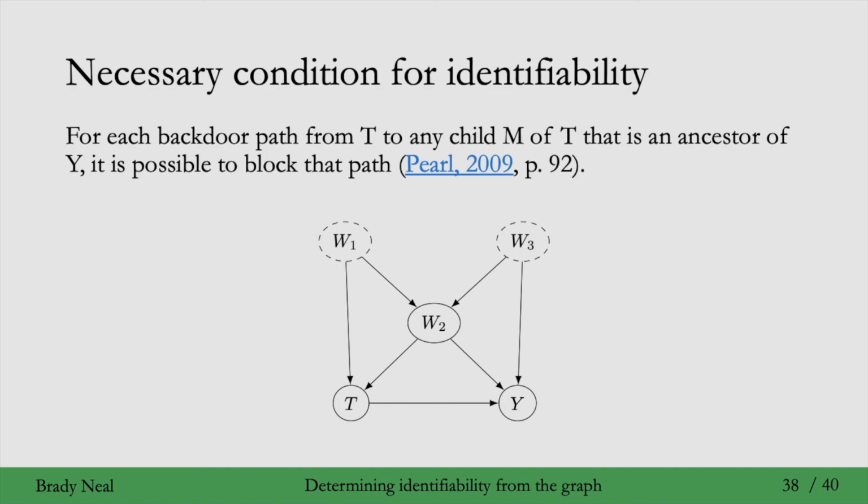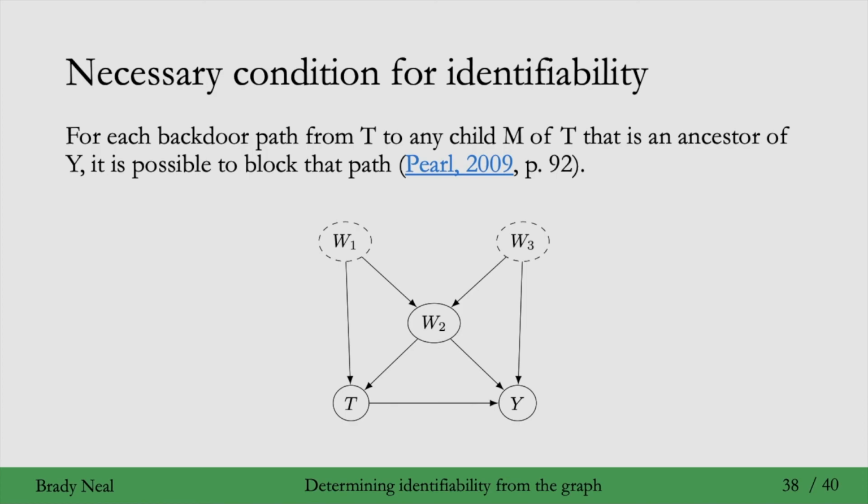So there are two backdoor paths, and we can block both of them. But we can't block them both with a single conditioning set, because if we condition on W2 to block the backdoor path T to W2 to Y, then we unblock the other backdoor path, because W2 is a collider.